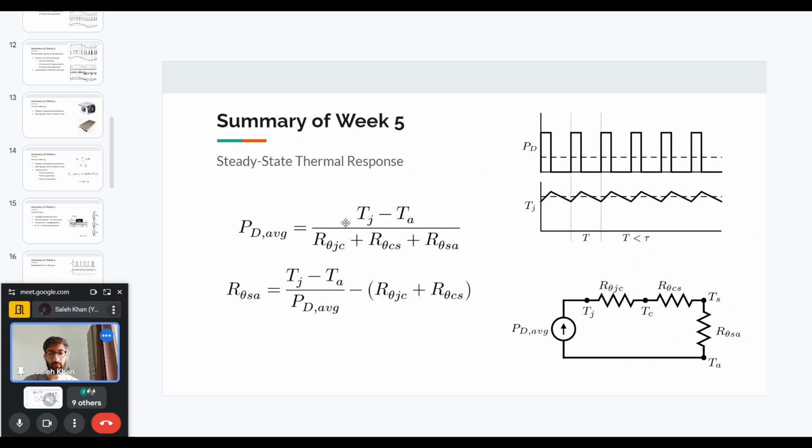And then if I rearrange this, I can find the thermal resistance of the heatsink that is required for a particular maximum junction temperature, for a particular ambient, for a particular loss, if I know the thermal resistance of my junction to case and case to heatsink. So this was a steady state thermal response.